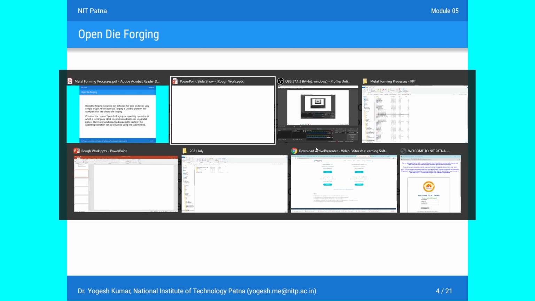Let me draw an example for your clarity here. I hope all of you remember how we used to carry out open die forging.